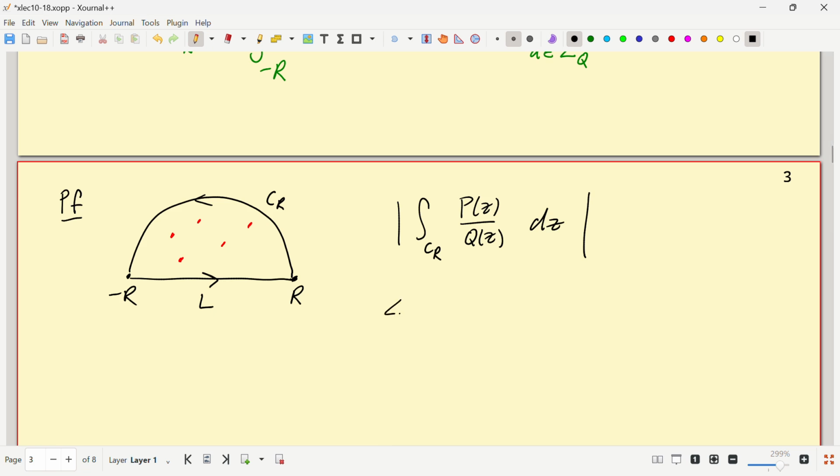This would be less than or equal to, when I do the basic polynomial estimate, I would get an a r to the degree of p, and the left-hand side one for q would give me a b r to the degree of q.